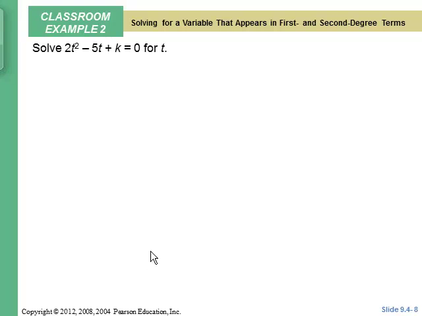All right. Now, if you've got a quadratic like this, it's a little bit different the way you go about solving it.